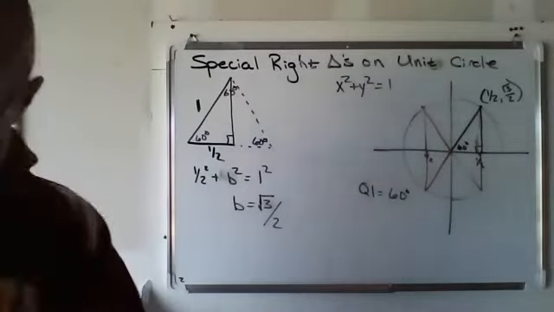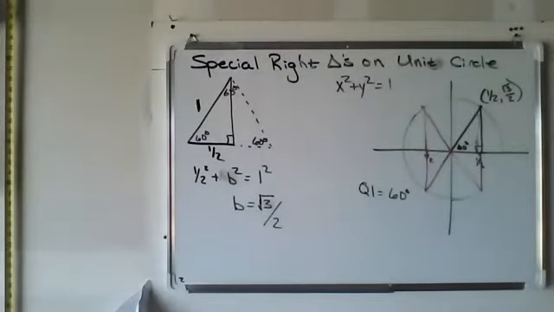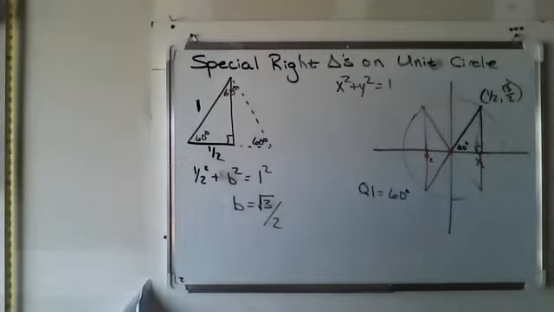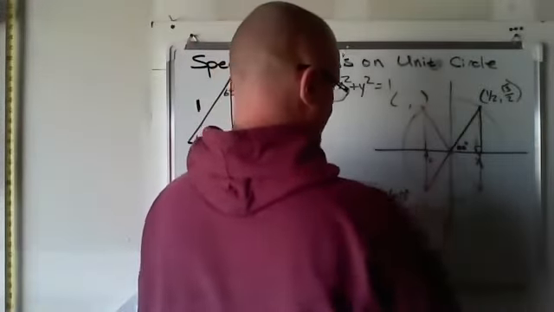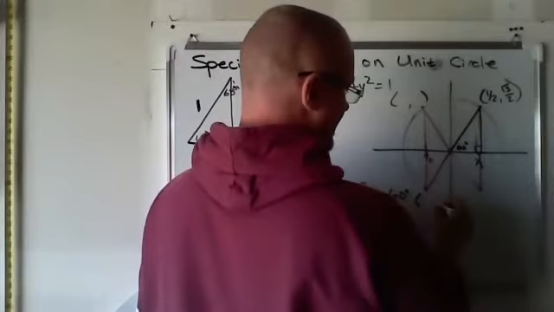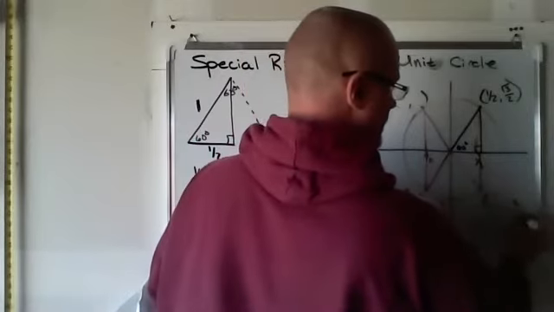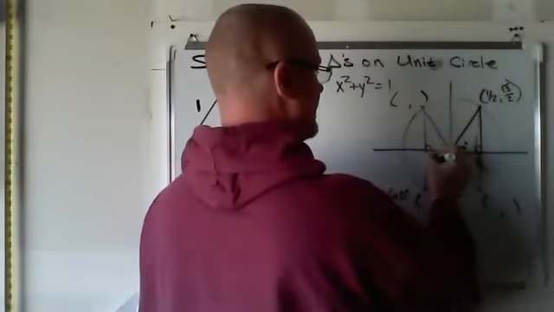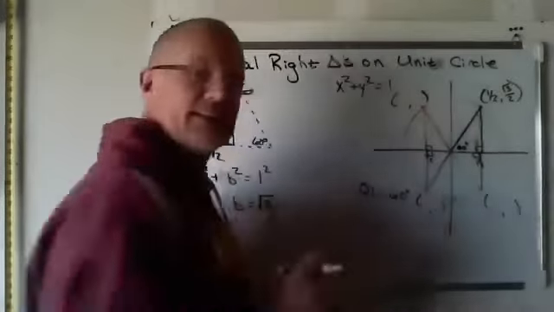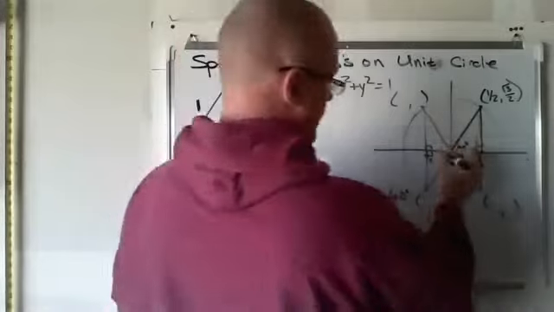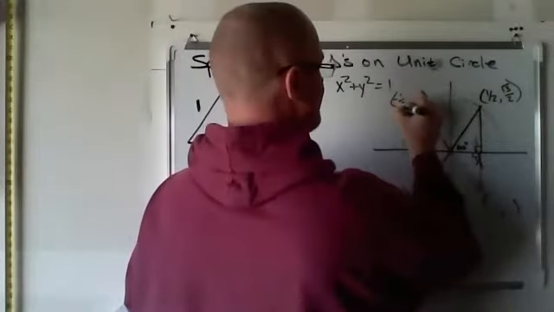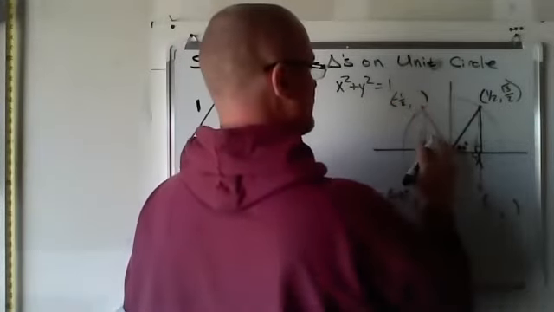Kind of make a little bow tie thing. And we know that all of these triangles essentially have related coordinates. And again, the right angle is always sitting on the x-axis. We don't want to put those on the y-axis at all. Okay, so this is negative 1/2, and then this is the square root of 3 over 2.